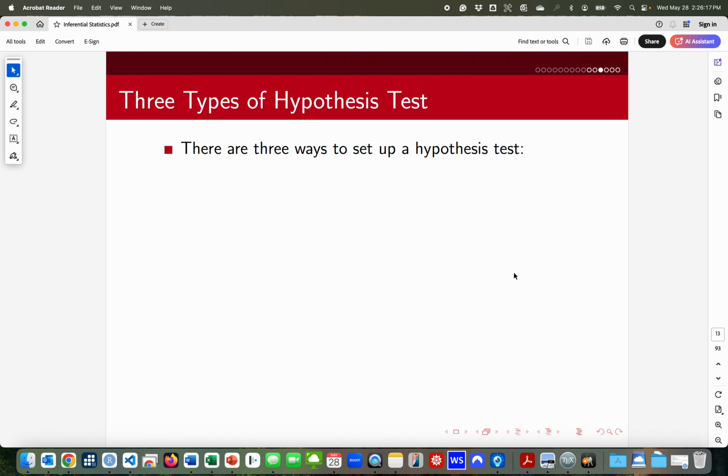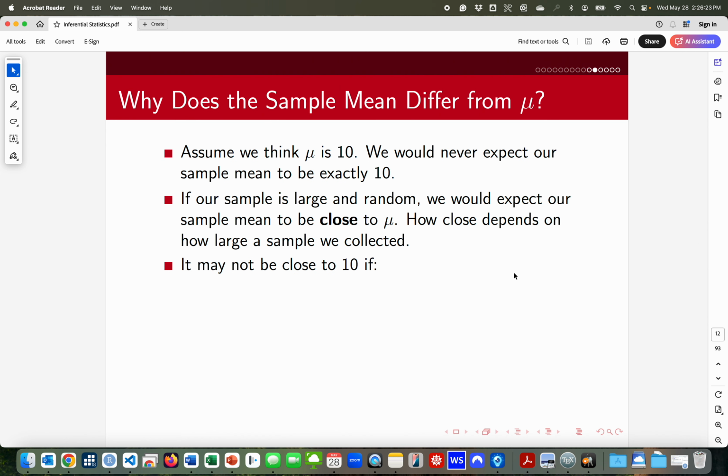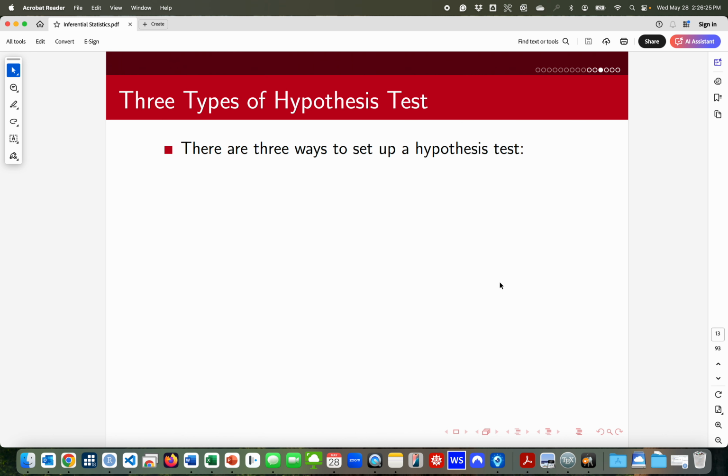So there are 3 ways to set up the null and alternative hypothesis, and there are only 3 things we can test. Someone can claim that the population parameter is equal to some value. If they claim that, the null hypothesis is that mu is equal to that particular value, and the alternative is that it's not equal to that value. We can reject this claim 2 ways.